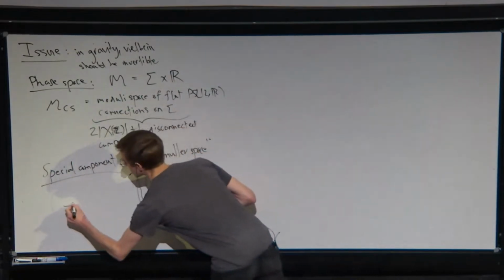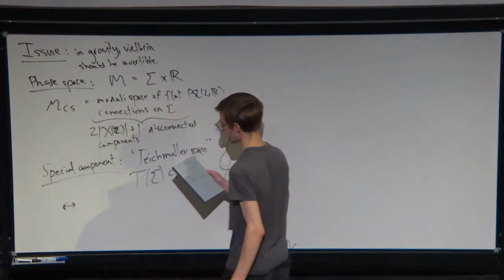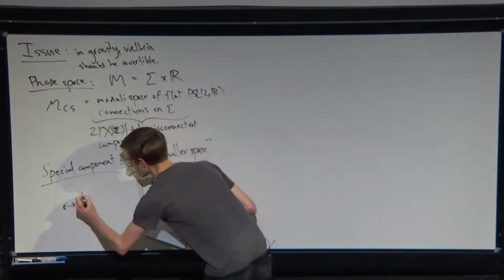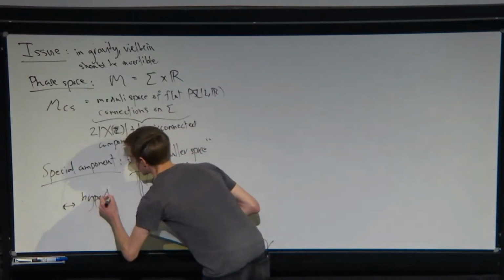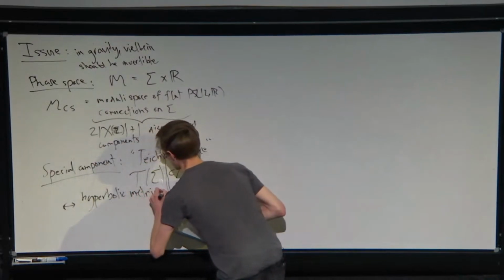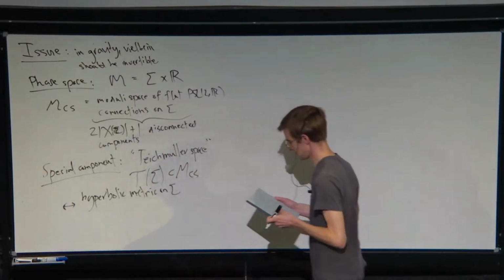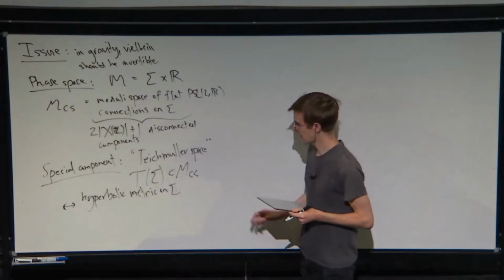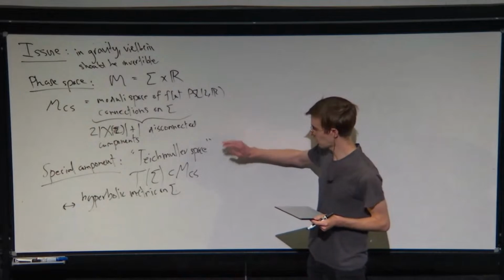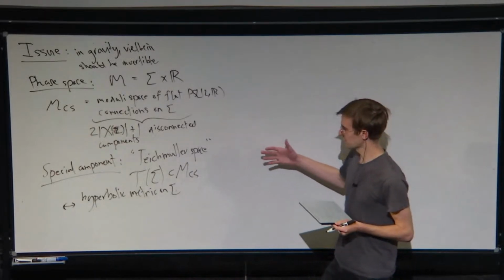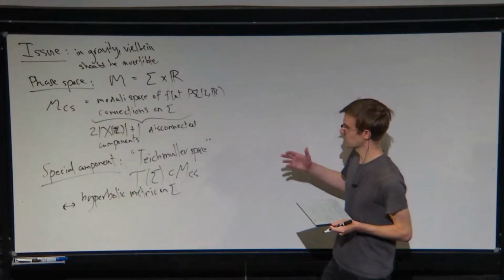Teichmuller space labels, like a given point in Teichmuller space denotes a specific hyperbolic metric, a smooth hyperbolic metric on sigma. And it turns out to be a fact, a theorem, that it is exactly and only this component of phase space in which field configurations can be uplifted to smooth 3D metrics.